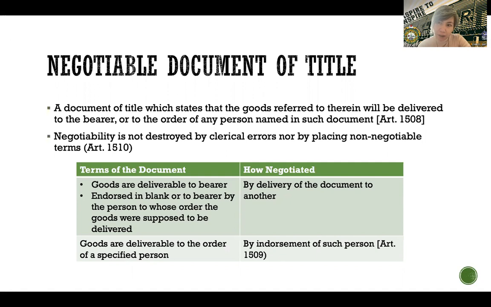The negotiability of that document is not destroyed by clerical errors or by placing non-negotiable terms, right? So the keyword to make it negotiable is that it must be delivered either to the bearer or to the order of any person specified therein.